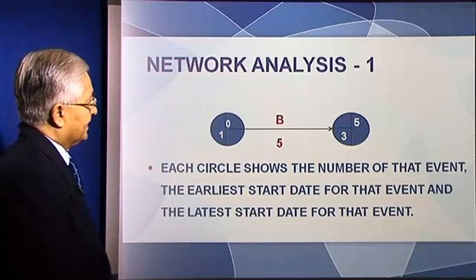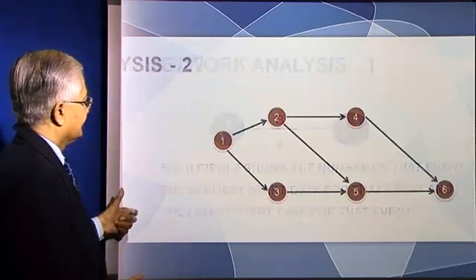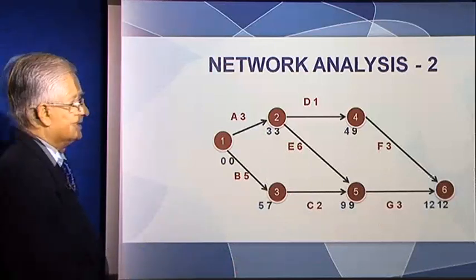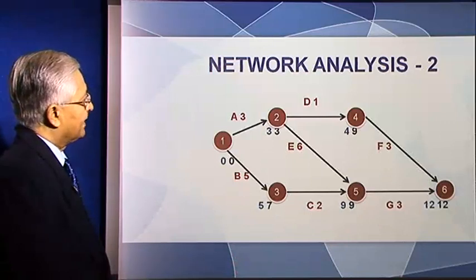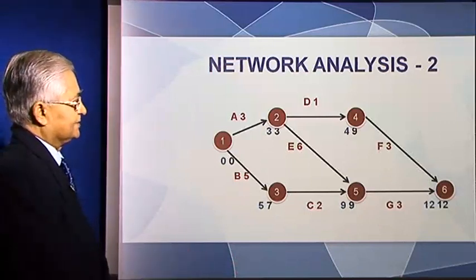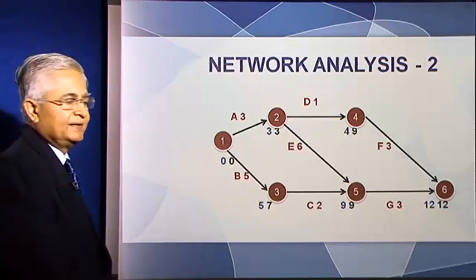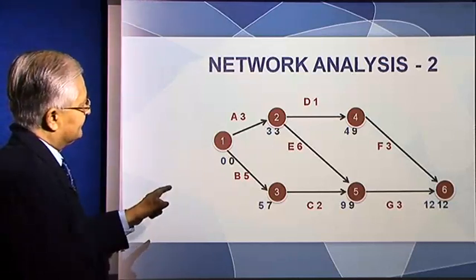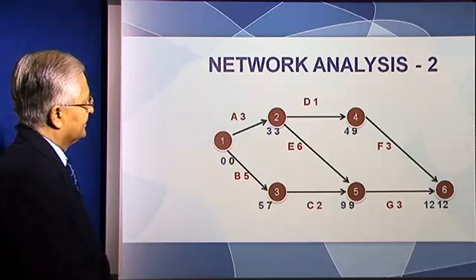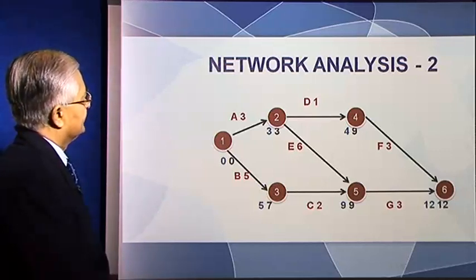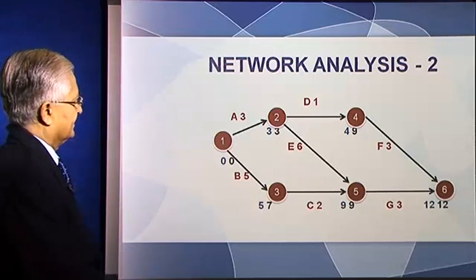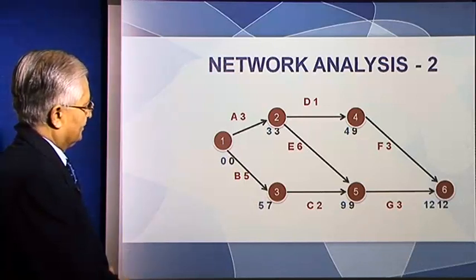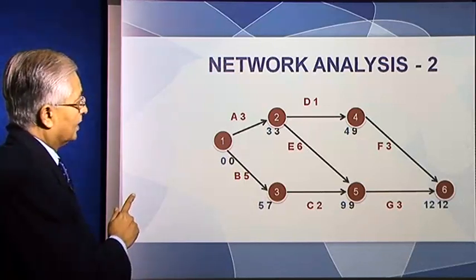Now, this kind of information is put together for all the activities, and we come up with the completed network. Now, let's look at this completed network very carefully. Let's start from the first event 1 and move to the second event 2 using activity A. Now the first event is at time 0, which is the blue 0.